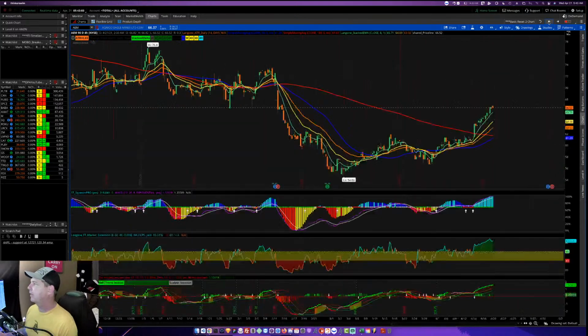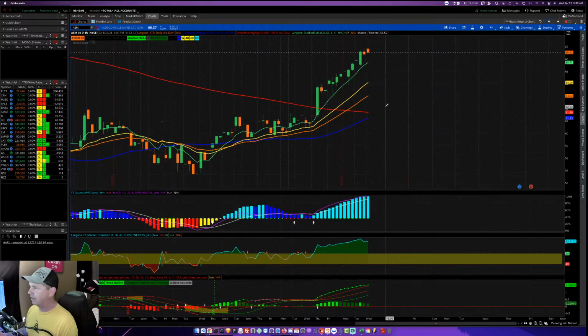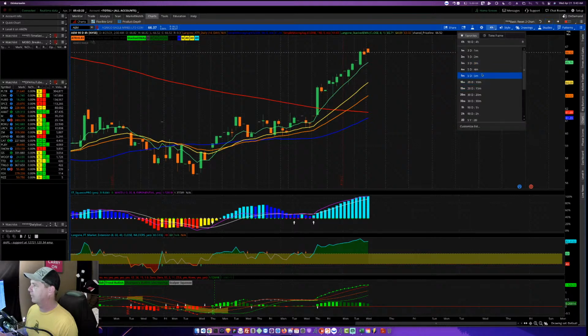AEM on the daily. We are currently stacked positive on all our EMAs. The 50 is getting ready to cross the 200 period SMA, Golden Cross. We are, get out, sorry, that's the 4 hour. I don't know how I ended up on that.